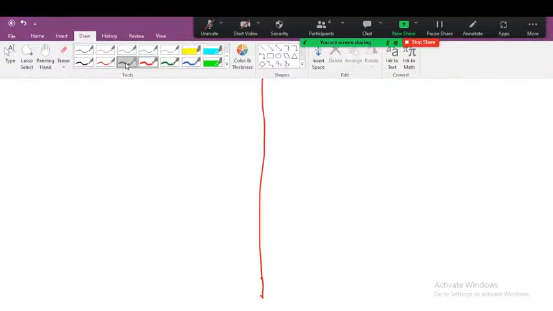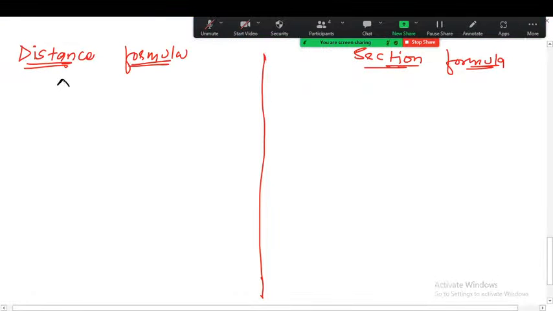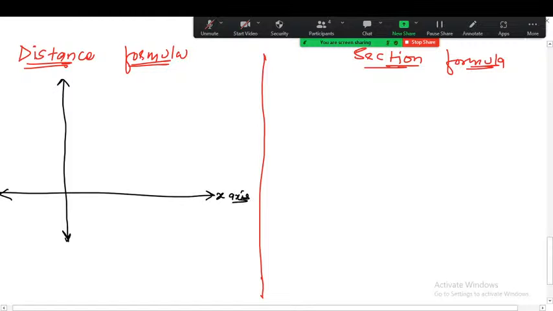In both cases, it is quite known to us that we are dealing with coordinate geometry, the Cartesian plane, which must be like this. The x-axis will be there, the y-axis will be there, and they will be mutually intersected here. This is the origin that we will call, and here we have positive values, here we have negative values, here we have again positive values, and downwards we have negative values.